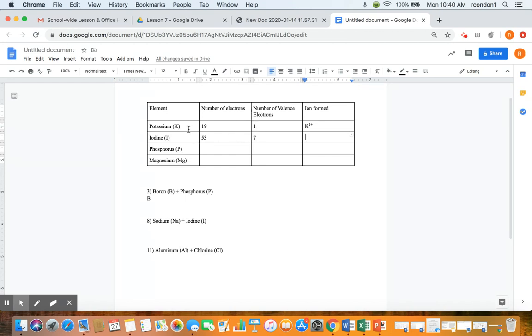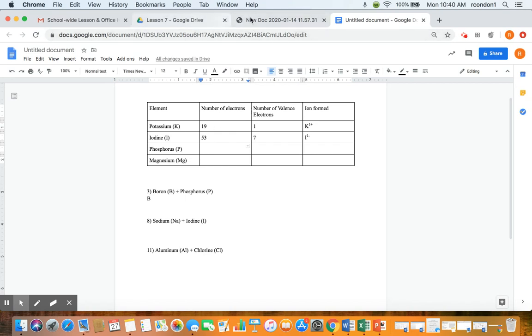Over here, if you get rid of 1 for potassium, that will give it its next shell is 8. So we're going to take an electron, and it's going to take in a negative charge. So we have iodine, I, and then a 1 minus.